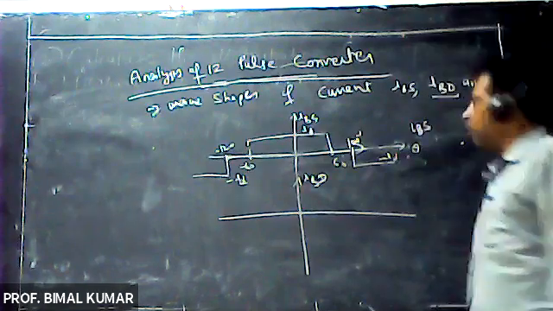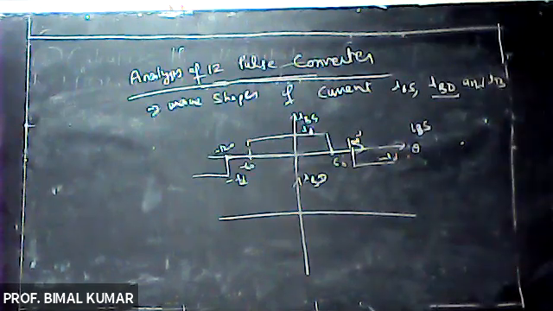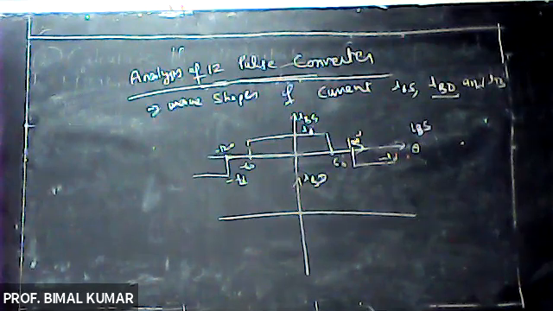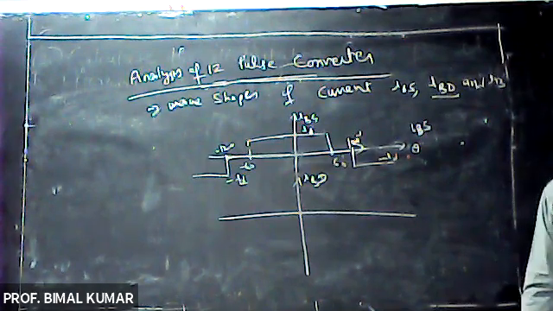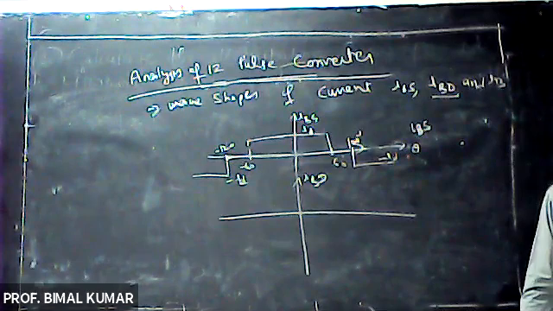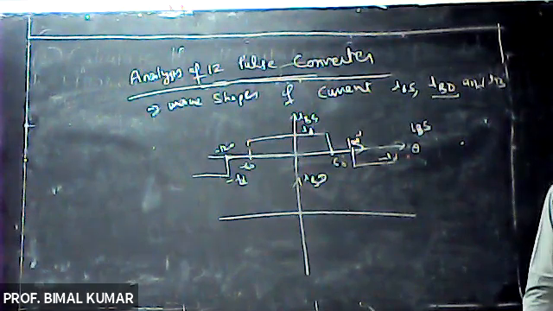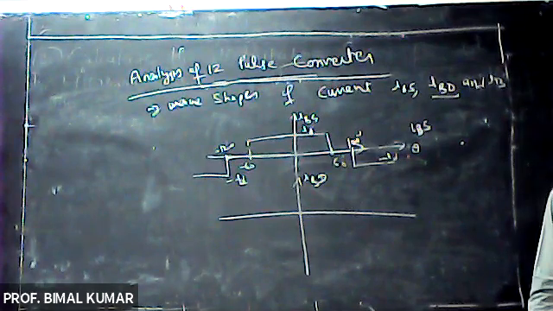Right? Now, in case of the IBD, it is to be noted that IBD lags IBS by 30 degree, and ICD lags IBD by 120 degree, right?